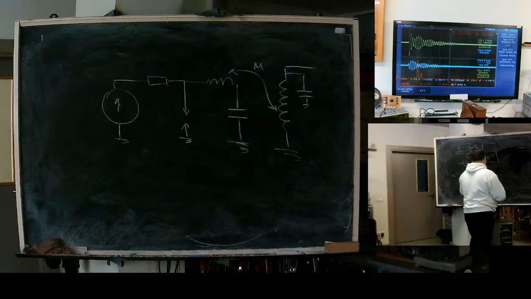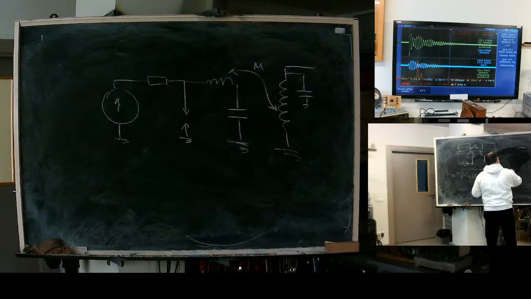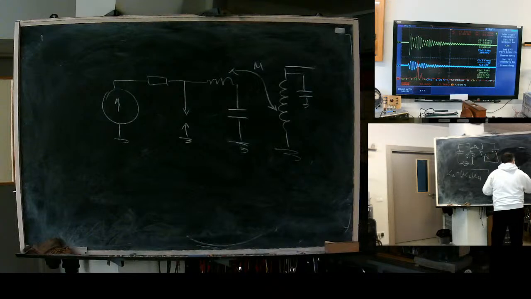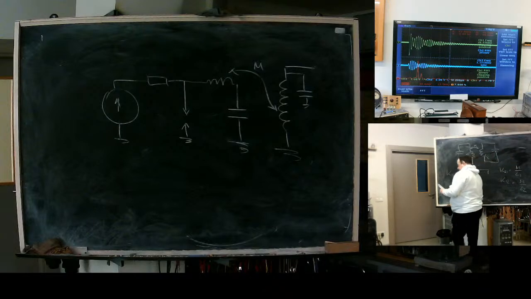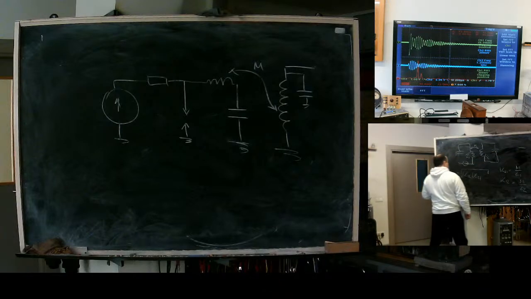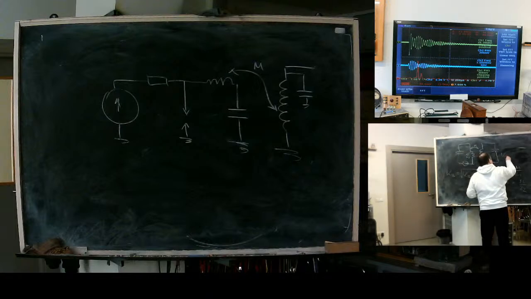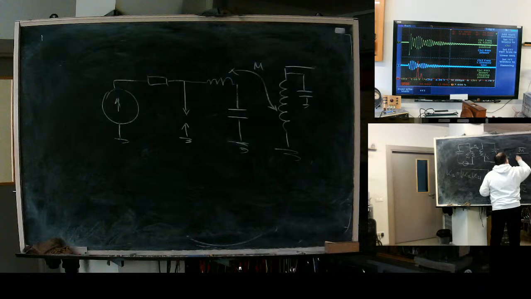In our case, K21 will be the mutual inductance M divided by L1, and K12 is M divided by L2. The coupling factor is M divided by the square root of L1 times L2.